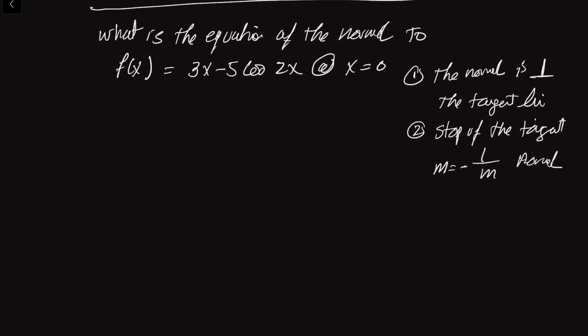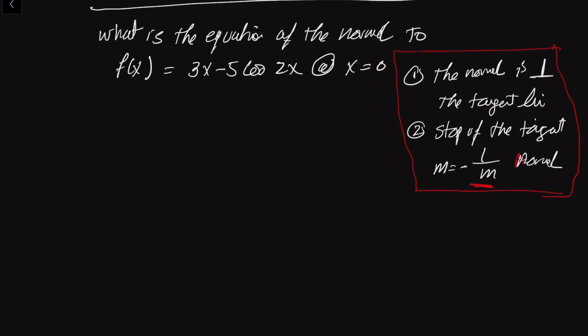Okay, so those are the two rules we're gonna remember for this problem. So the normal is basically perpendicular to the tangent line. If I have a tangent line, the normal will be the line perpendicular to that. And the slope of the normal is minus 1 over m, where m is the slope of the tangent.